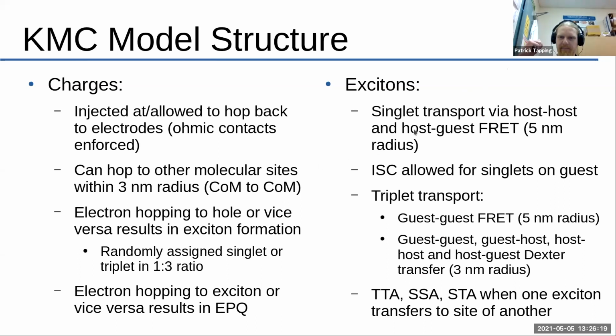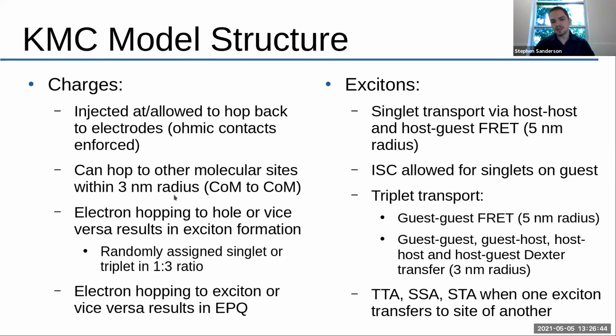Okay, so firstly, FRET for triplets. For guest to guest, where you have these phosphorescent emitters, there have been measurements of FRET rates. So I've taken the rates directly from literature there. They are relatively lower than Dexter transport, but it is there. So there's a small fraction of FRET relative to Dexter.